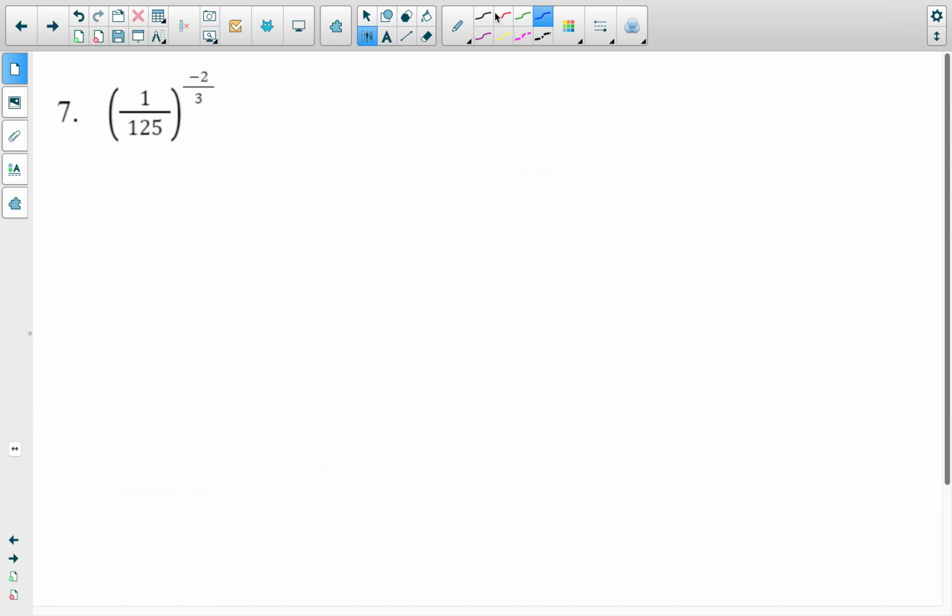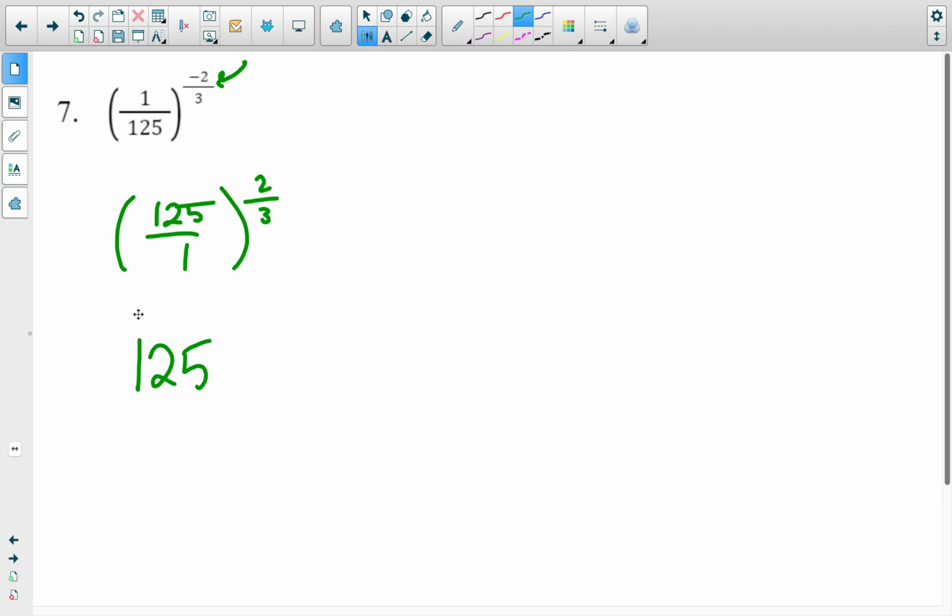In this example, we want to notice that we have a negative exponent first. And remember, way back in Unit 5, towards the beginning, I suggested that if you have a fraction that's being raised to a negative exponent, just flip the fraction. So this will become 125 over 1, and that's going to take care of the negative, meaning we're now being raised to the positive 2/3 power. 125 over 1 is just 125.